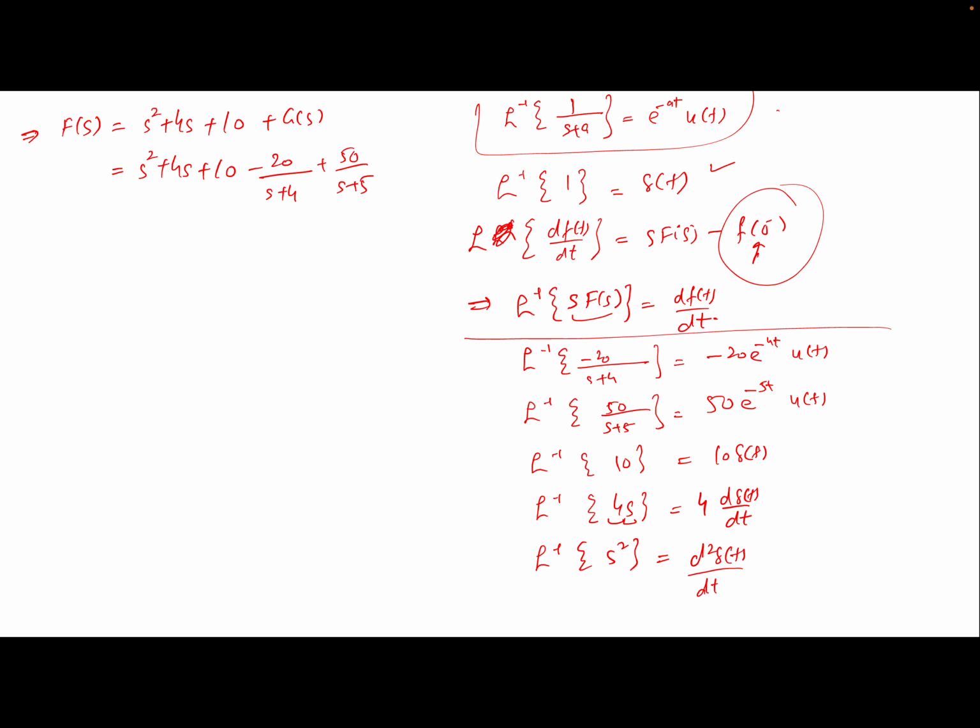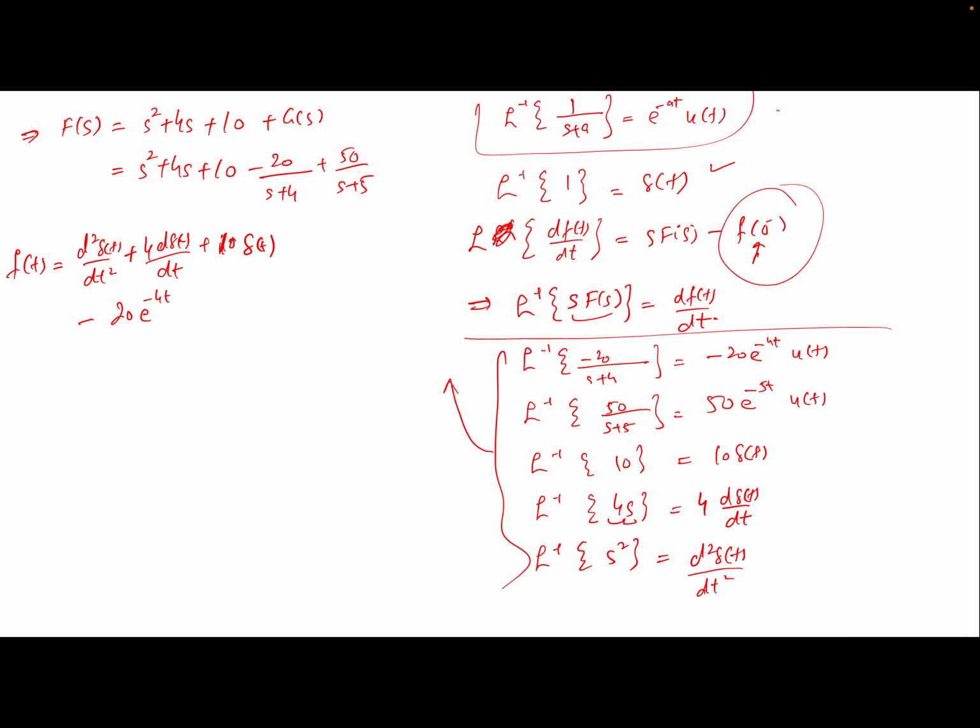Okay, so I'm going to replace all of this back in that equation, and my beautiful time domain equation is going to come out to be the double derivative of an impulse function, d²δ(t)/dt², plus 4 times the derivative of an impulse function, plus 10 times the impulse function, minus 20 times e raised to the power minus 4t.